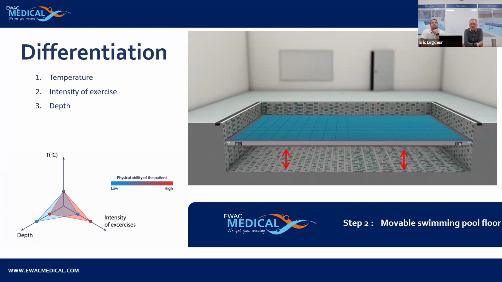A patient that is not so able, you will probably set the depth of the pool a little bit deeper, so the patient doesn't have to bear the weight so much, and maybe you reduce the intensity of the exercises a little bit. Now, this is what is meant with the pictures that are on the left lower corner of this slide.